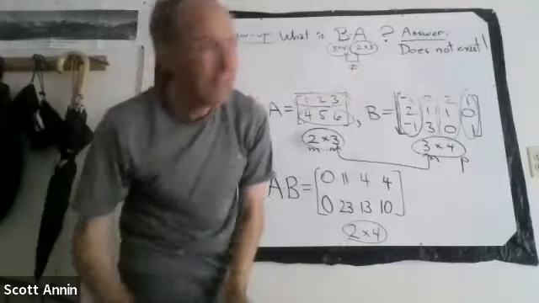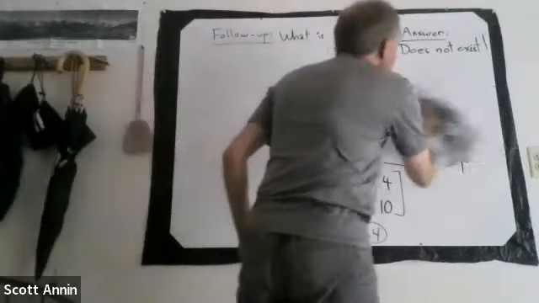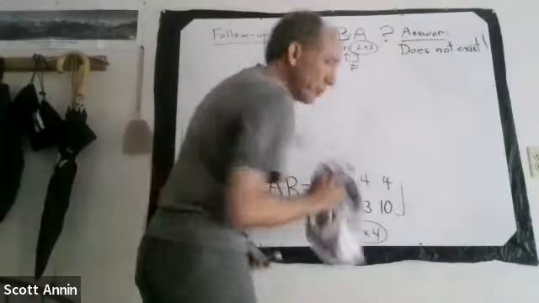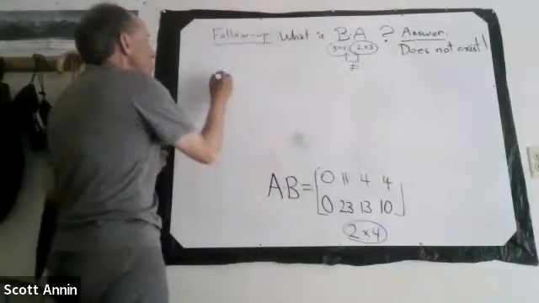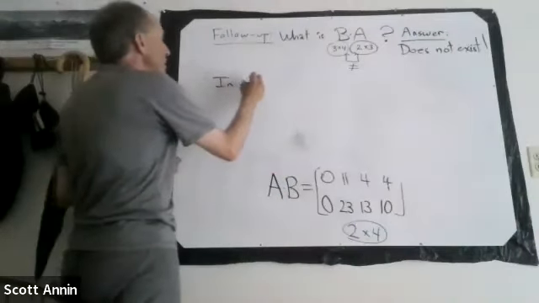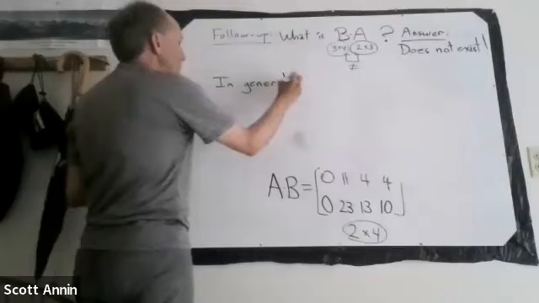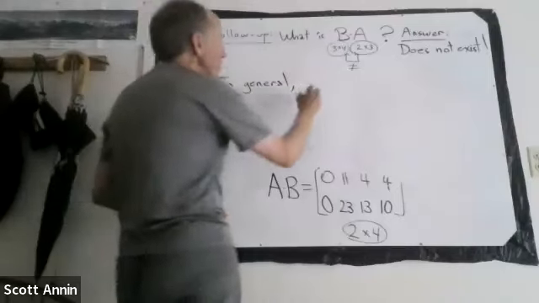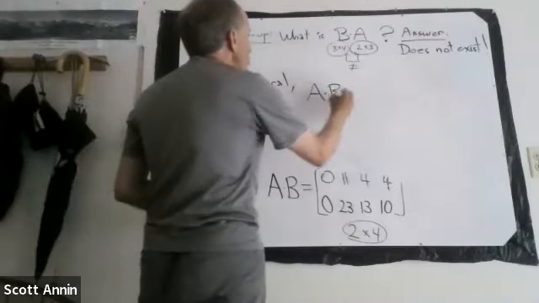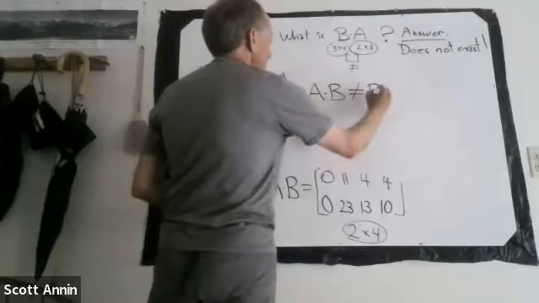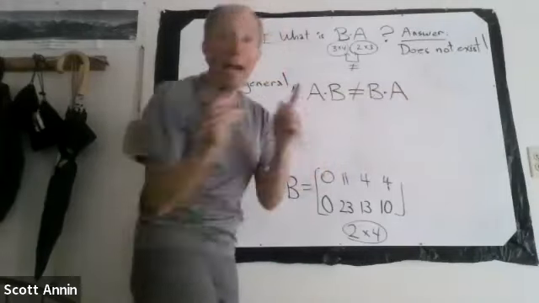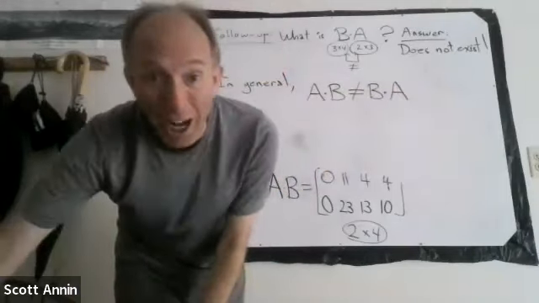And that leads to a general observation, which is very important for us to understand, guys. In general, it is not true with matrices that you can multiply them in any order that you want.